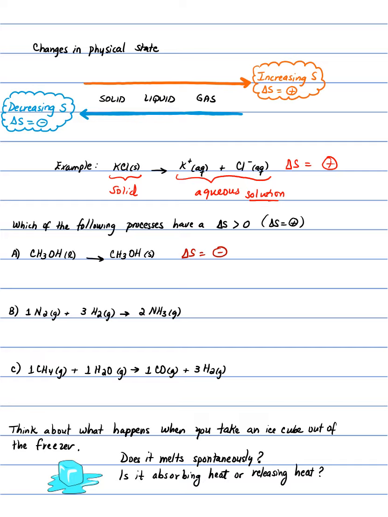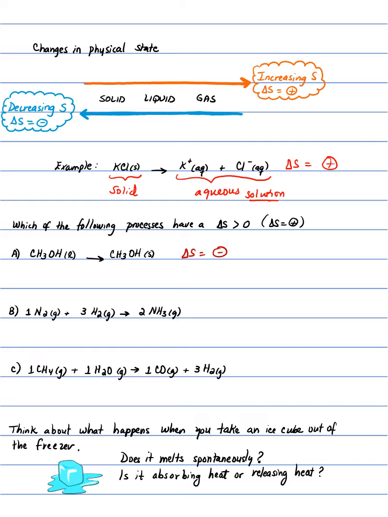Now on the second one, if you check, all that you have there are gases. So you cannot answer this question with the information that you have. There's something else that we need to actually answer that question.